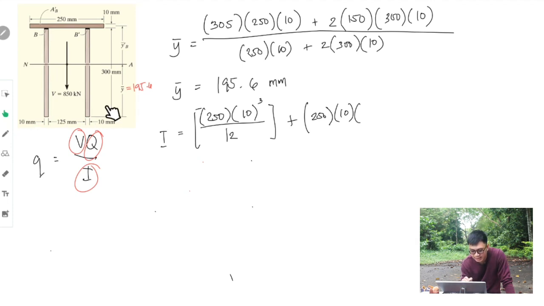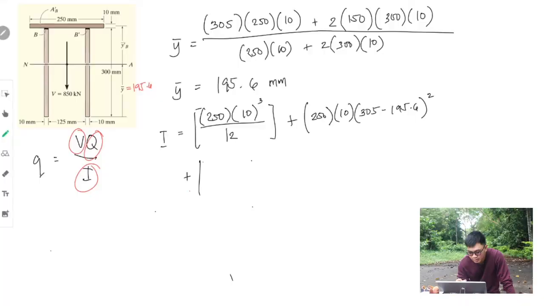We know that the distance to the top is 305 and the distance of the neutral axis is 195.6. So, that is 305 minus 195.6 squared. Okay? Next. Plus, since these two are symmetric and have the same distance from the neutral axis, we can multiply it by 2.